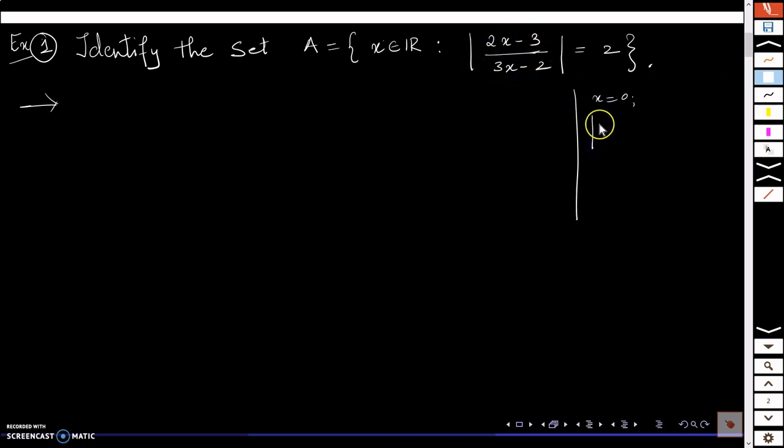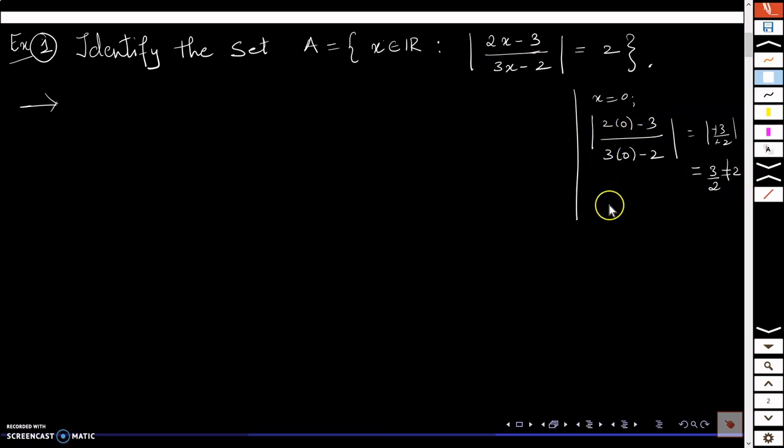That will give me (2 into 0 minus 3) upon (3 into 0 minus 2). And this is nothing but modulus of minus 3 by minus 2, and that's 3 by 2, which is not equal to 2. So when I put x equal to 0 in this expression, I'm not getting 2 as my answer.